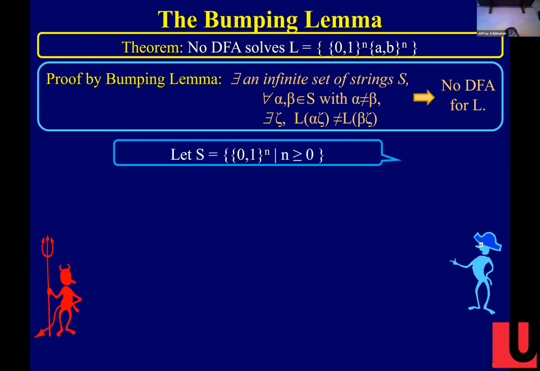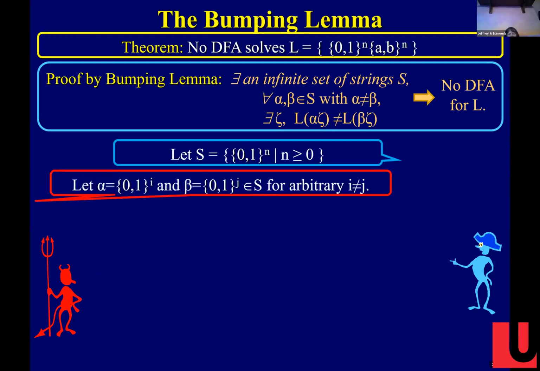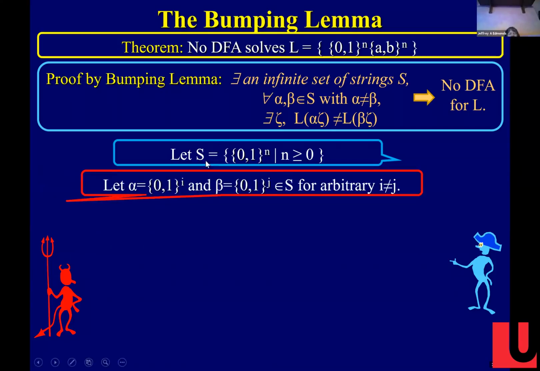Are those strings all distinguished? Can I distinguish between every pair of them? No, you can't. So if that's my set, first off, the adversary gives me alpha.